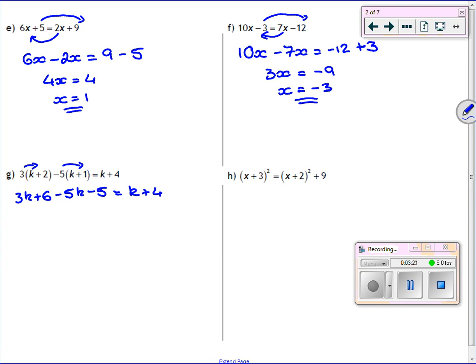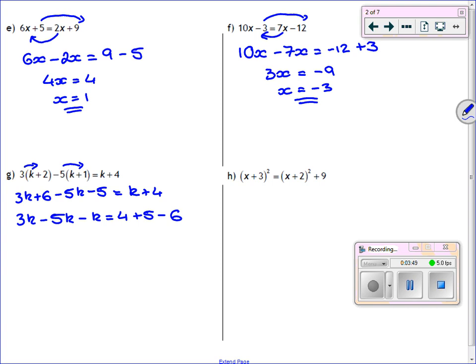So in this case, I want all my k's on one side and all my numbers on the other side. So it gives me 3k, take away 5k, minus k is equal to 4 plus 5 minus 6. Remember, change side, change sign.